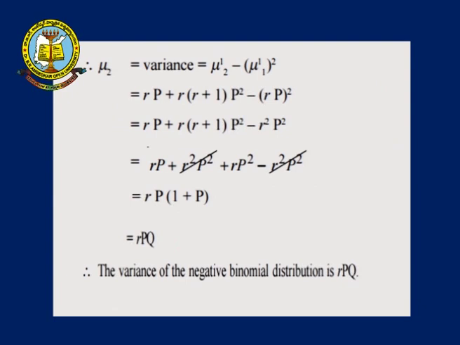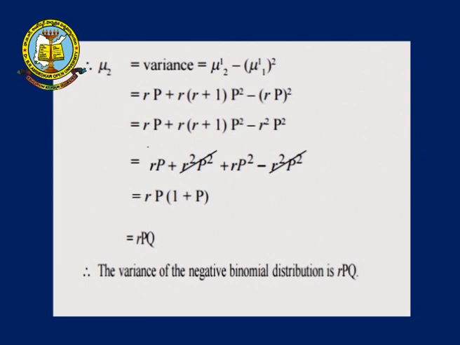Already you know that. Therefore, the variance of the negative binomial distribution is rPQ. So you can identify these two things. First one is the mean. What is the mean of the negative binomial distribution?